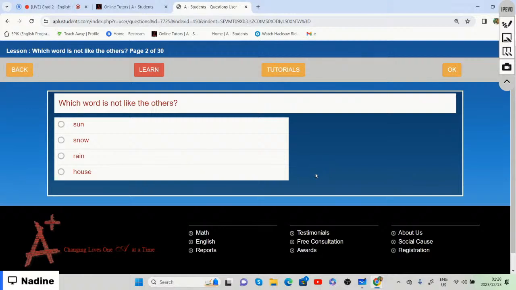And which word is not like the others? We have sun, snow, rain, and we have house.